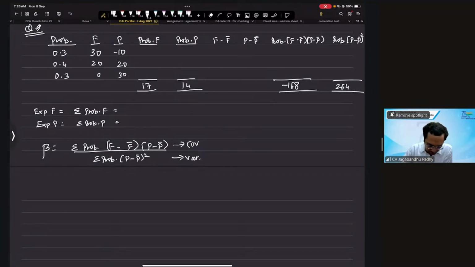So we have 17, 14, and now we substitute: minus 168 upon 264. So how much is the beta? Minus 0.64. So beta is minus 0.64.